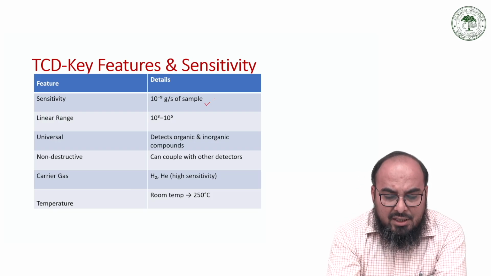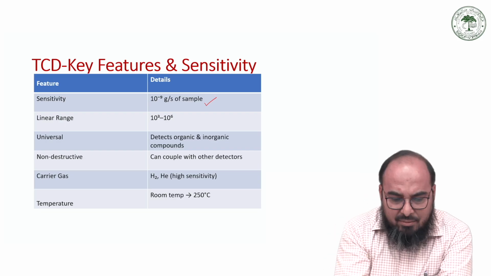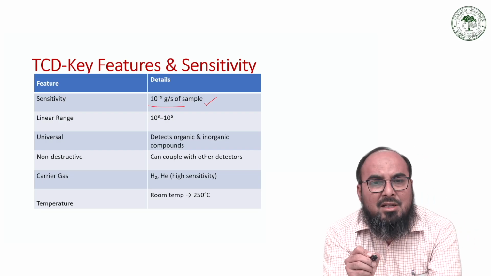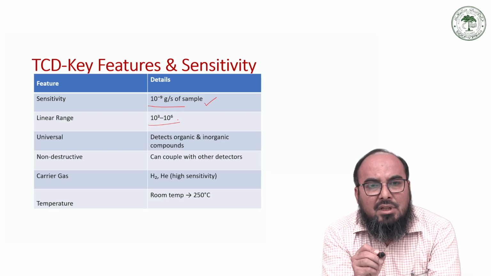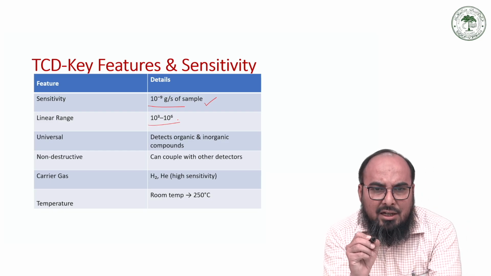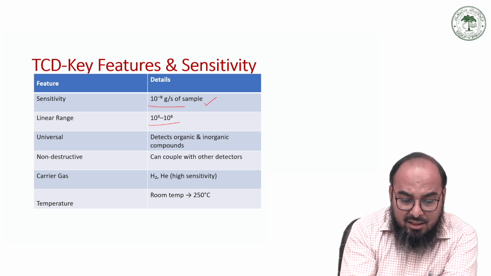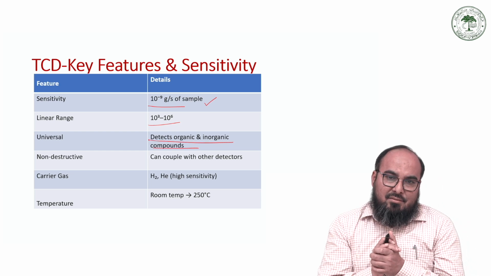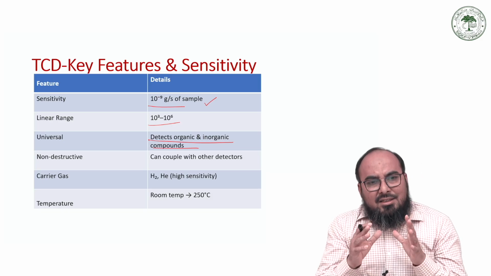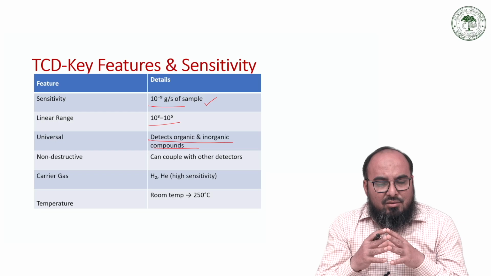Again, sensitivity is good but not as good as FID. It is still 10 to the power minus 9 gram. The linear range is again from 1000 to 10 to the power 6, a little less than FID. It is universal in the sense that it can detect both organic as well as inorganic compounds. And since it's non-destructive, you can couple it with FID also.